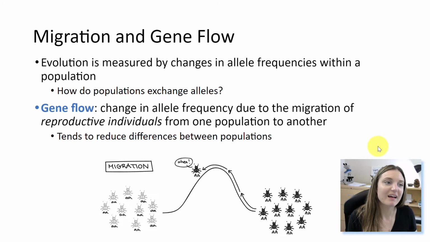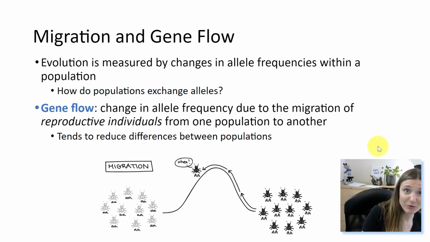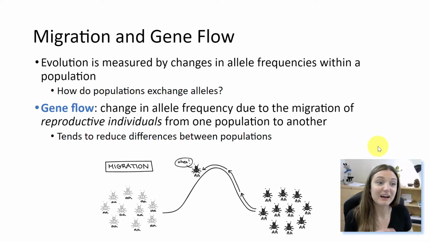That movement of organisms, if they're carrying different genes from one population to another, could change the genetic composition of that population. Right, so here we have one population, so these two beetles are the same species, let's say, but let's say one population on this side of the mountain has only dominant alleles.